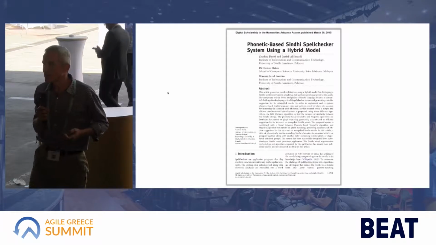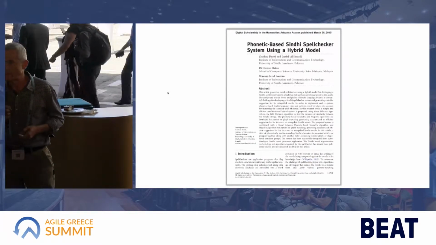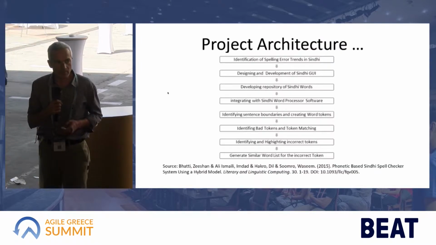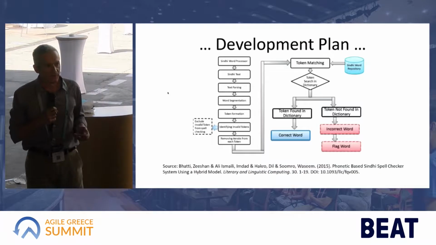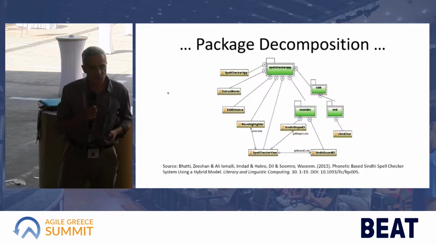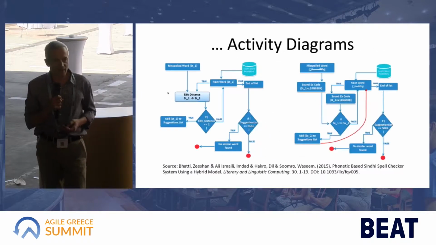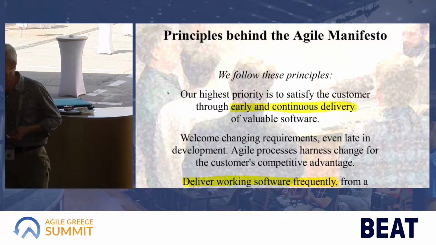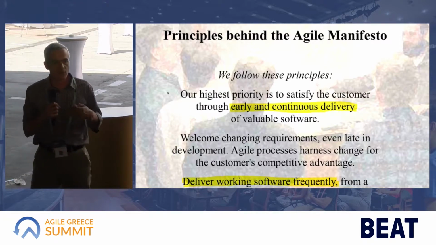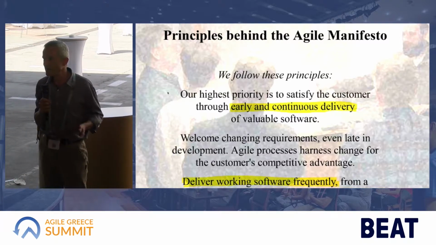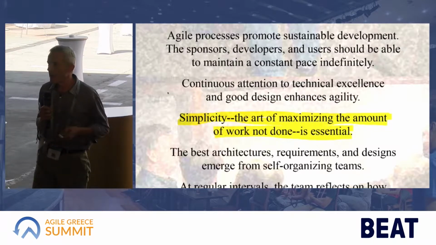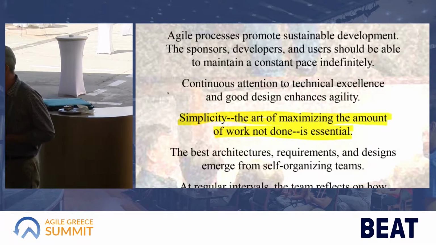How not to do it? I found a paper that describes creating a spell checker, and what the authors did was to create a project architecture, a development plan, a package decomposition, activity diagrams, and so on. This is not the way we want to do it. We want to do it in an agile way, so early, continuous delivery in small, frequent steps, and also minimize the amount of work not done.